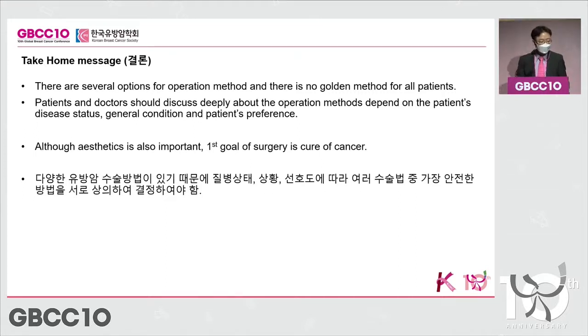So there's no one truth. There is no one silver bullet for everybody. It also is dependent on the patient's situation, the disease conditions, and there are many different options for operation method depending on those conditions.